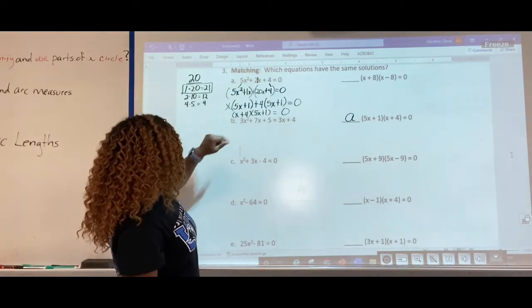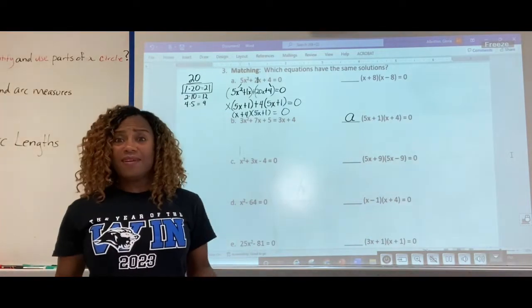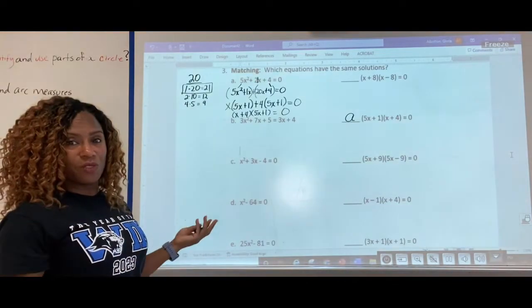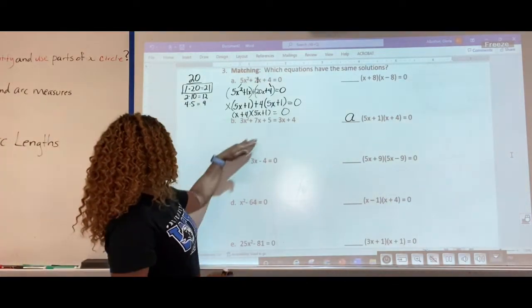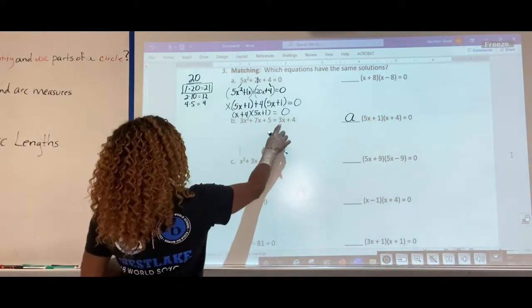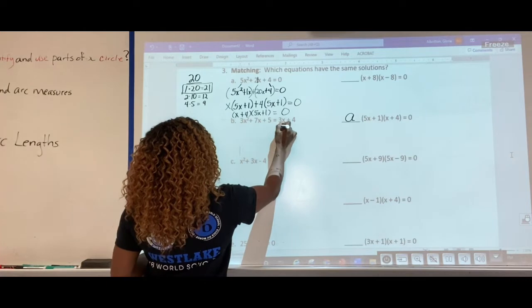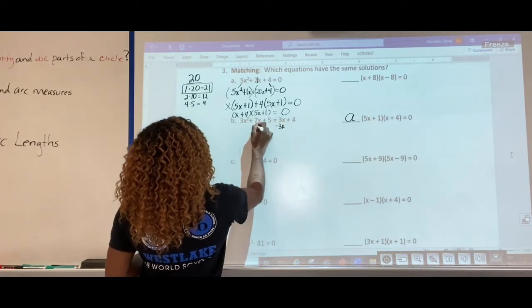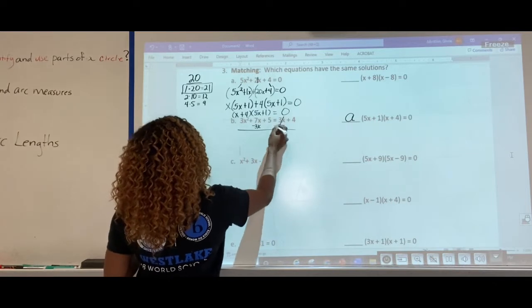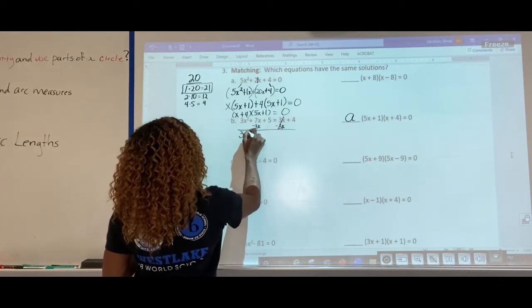Let's do B. B is another one where we have a greater than 1. So we're gonna use the AC method, but first I need to get it in standard form, because notice it's not equal to 0. That means I need to move this over. I'm gonna put it right up under the 7x because they are like terms. It cancels from over here. I bring down my 3x squared.